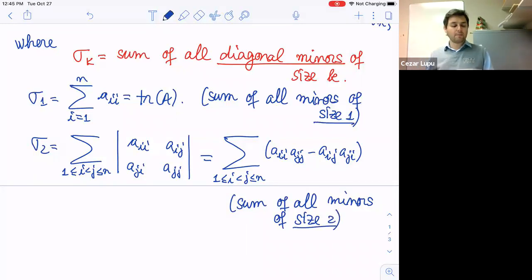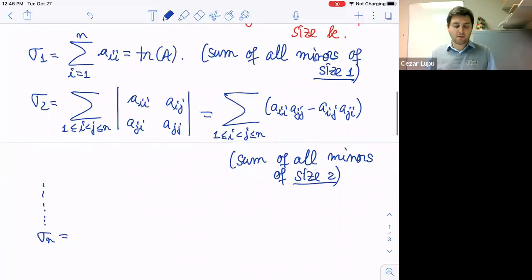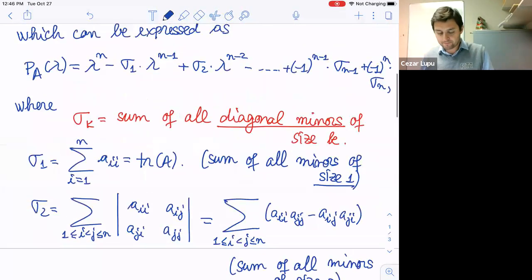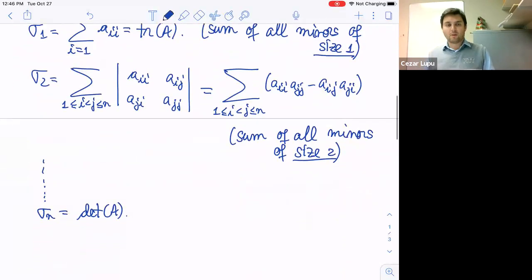And we keep going, and at some point, the last coefficient, sigma n, will be nothing else than the determinant of this. Because the sum of all minors of size n is nothing else than just the determinant.